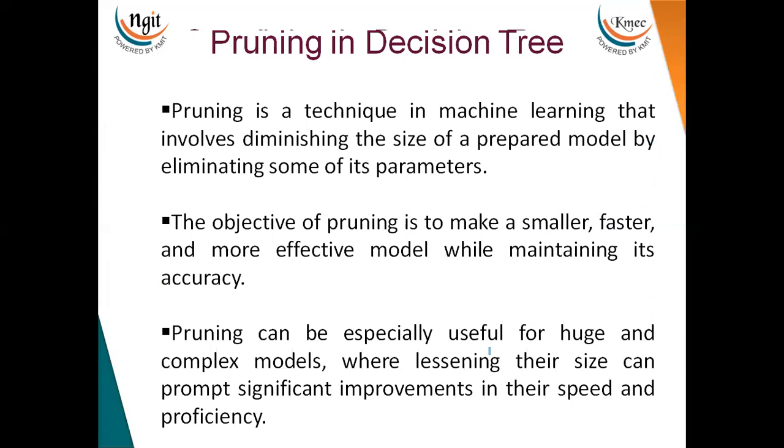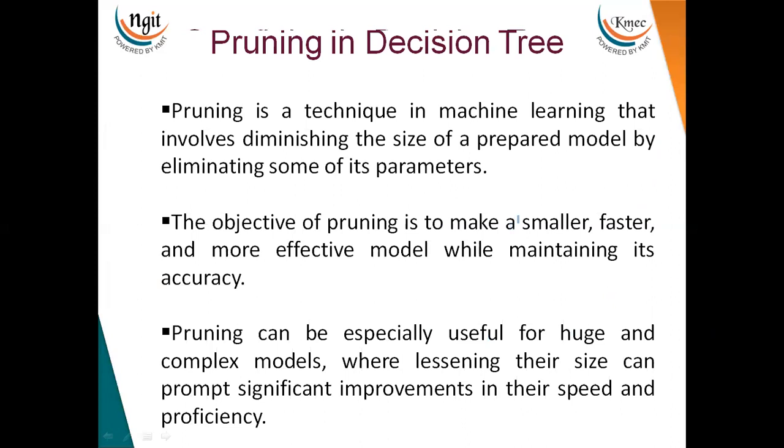Now, what does pruning mean? We are shrinking our decision tree. The nodes which are not at all visited, those nodes we are removing. That is what pruning means. It is useful for huge and complex models.